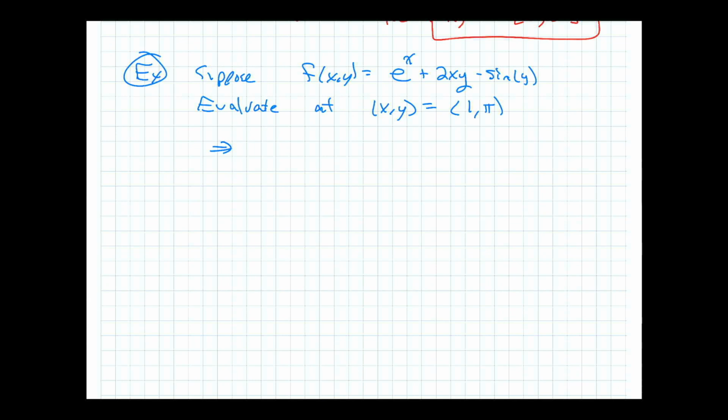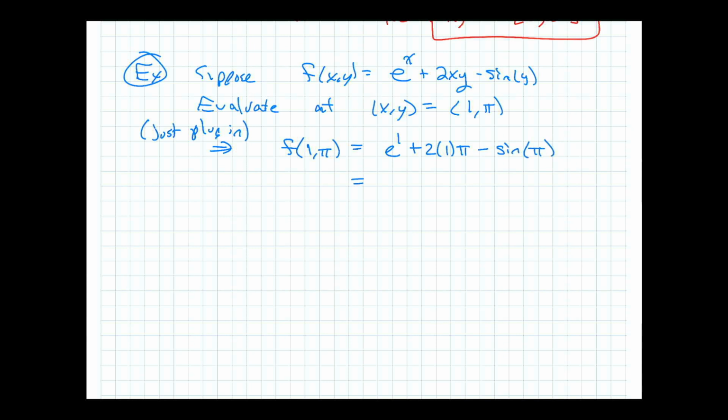So all you would do there is just plug in. So f of 1 comma pi is just plug in the 1 for x, plug in the pi for y. So you have e to the 1 plus 2 times 1 times pi minus the sine of pi.